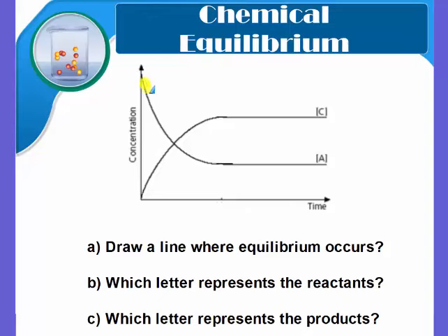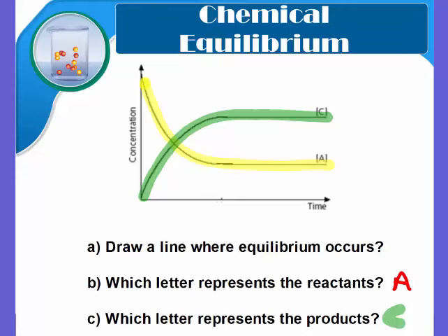If we look at the graph, A is going down, so A should be our reactants, because reactants react and go down in concentration. Our product should be increasing over time, so C must be the products.